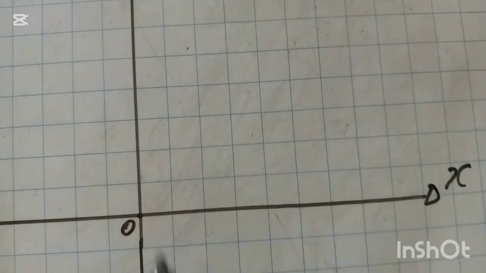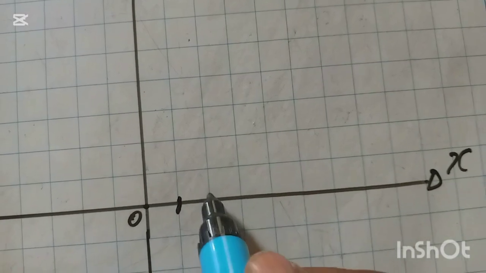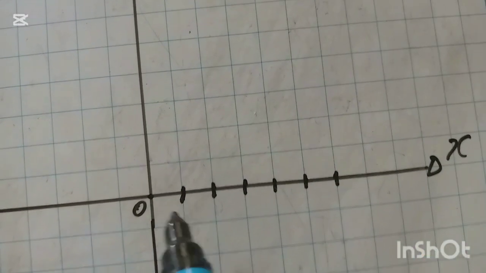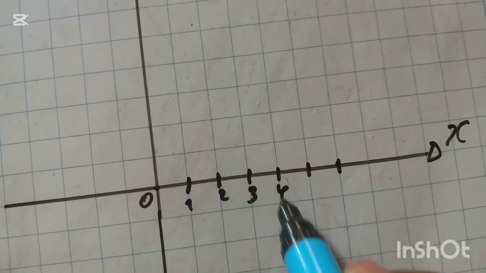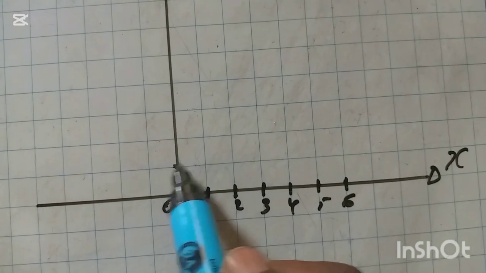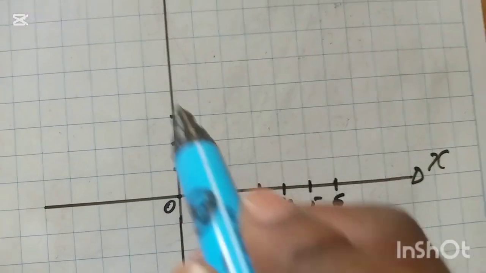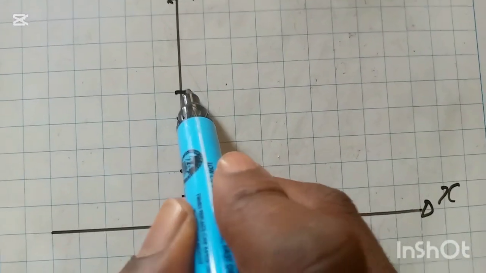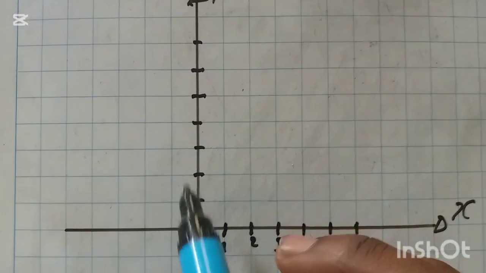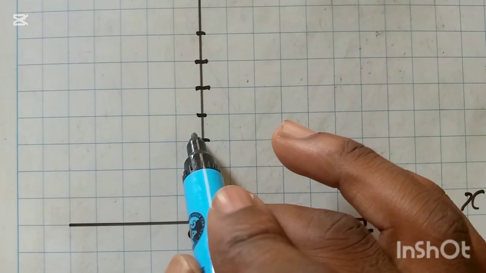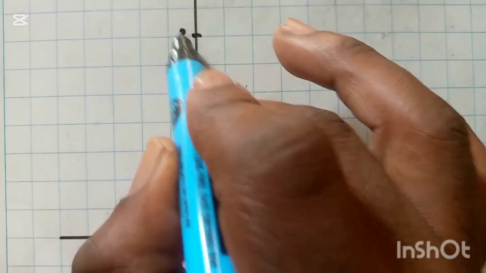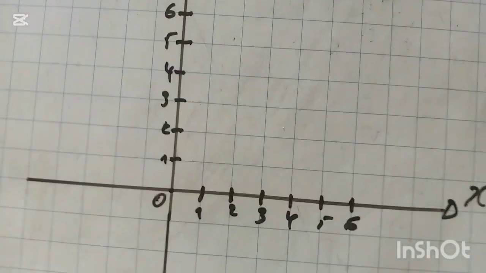Here we have 1, 2, 3, 4, 5, 6. Also we have 1, 2, 3, 4, 5, 6, and can even have 7.